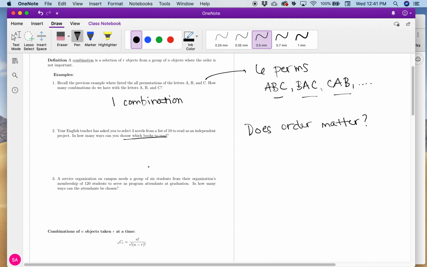You picked the same 3 books, so order does not matter here. In the last video, order mattered. Placing first, second, and third, order definitely matters there. But picking the 3 books you want to read for an independent project, order doesn't matter. You're going to read the same books no matter what.